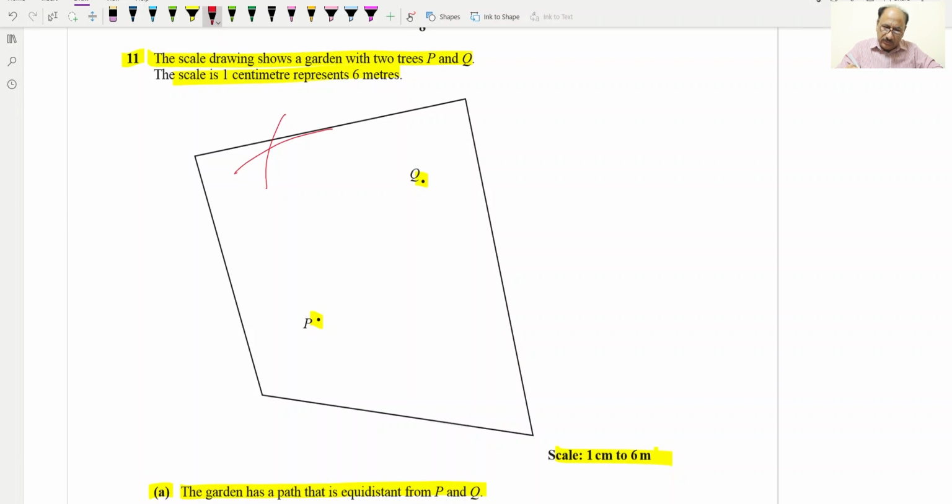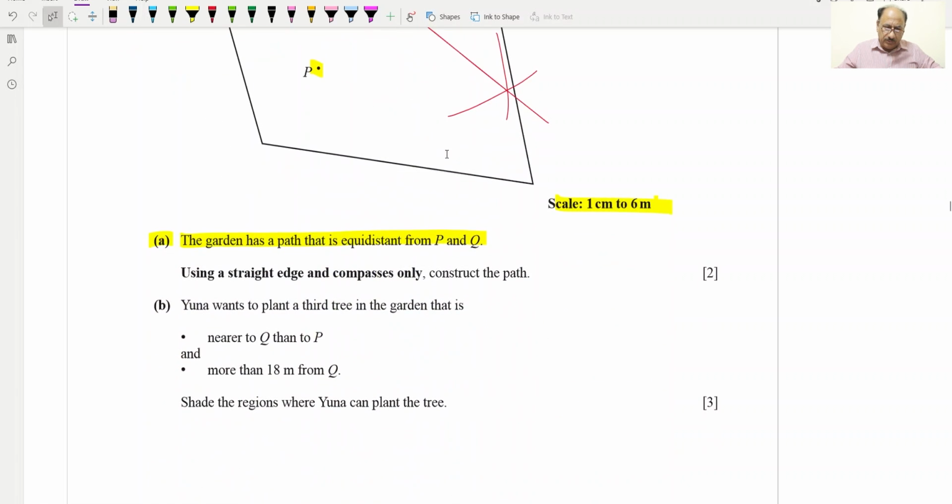We will be making an arc on this side, and then we will be making arcs like this, and then we will be drawing the equidistant line, roughly like this one, and we can draw the line like this. Next is this part, which we have done using a straight edge and compasses. Only construct the path, which we have done.